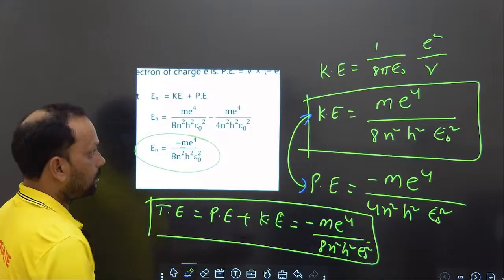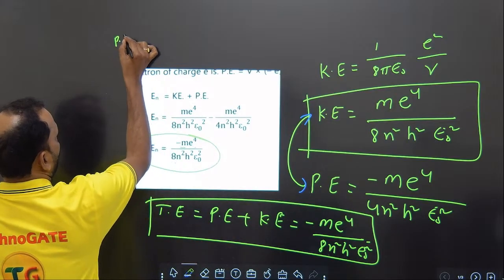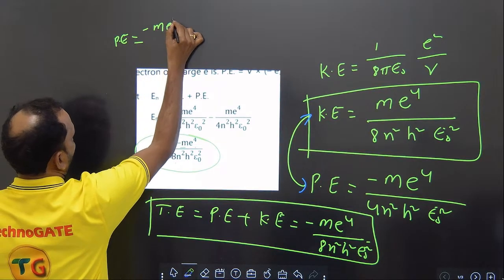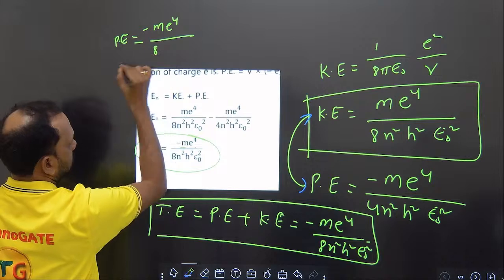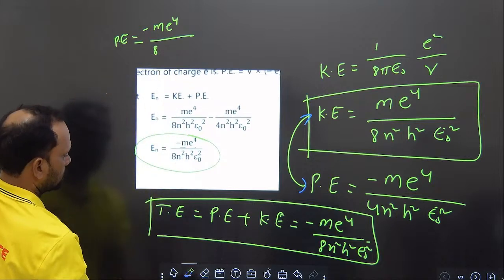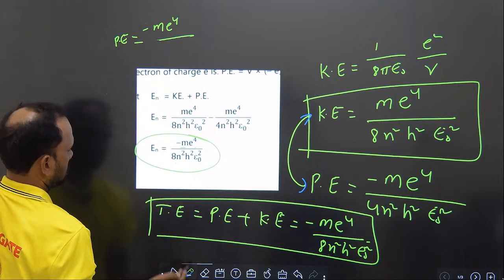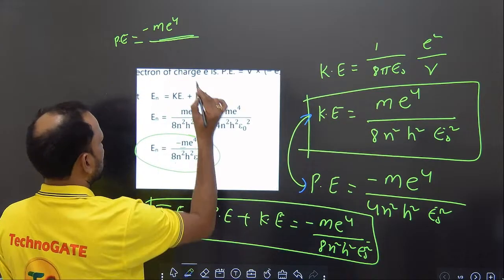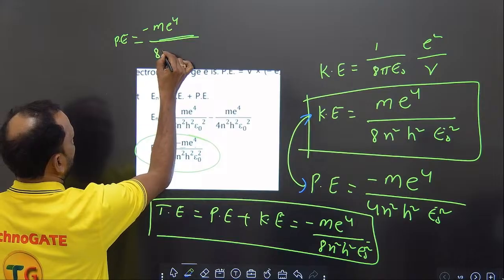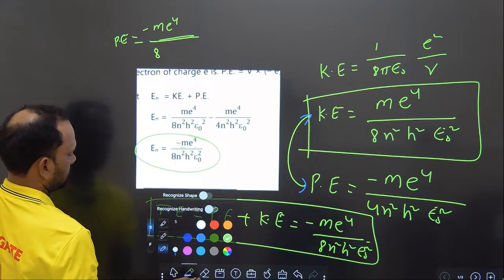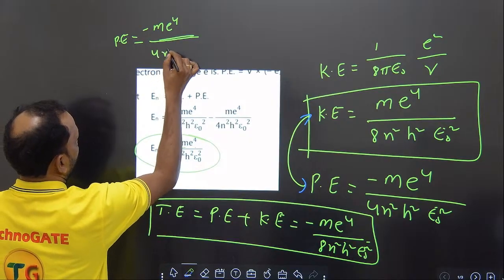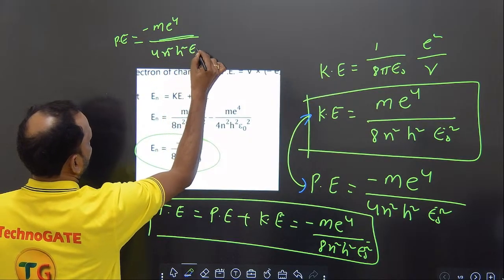So what are the formulas? Potential energy is minus m e power 4 by 4 n square h square epsilon naught square.